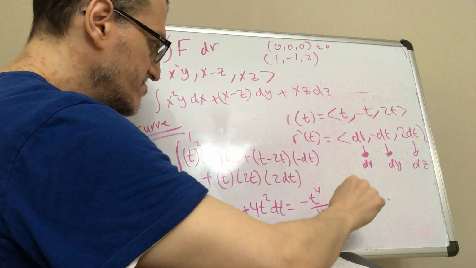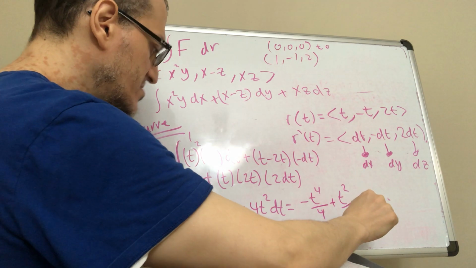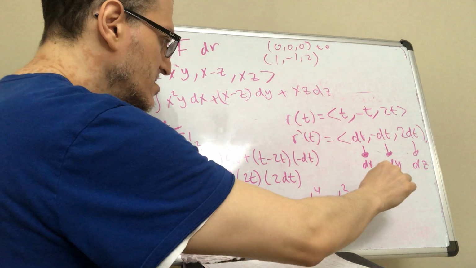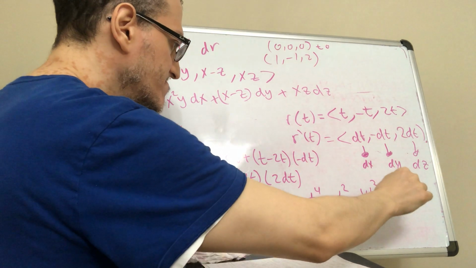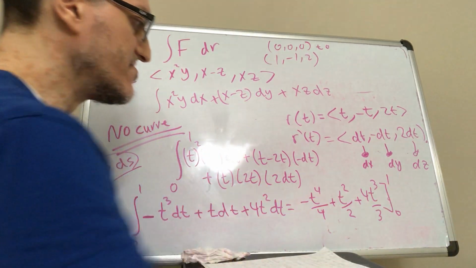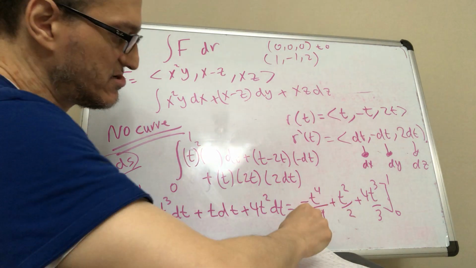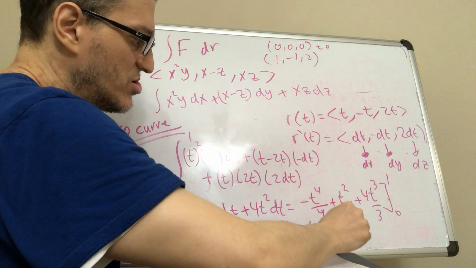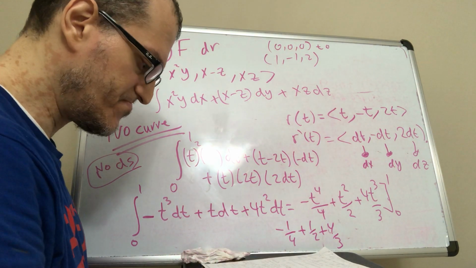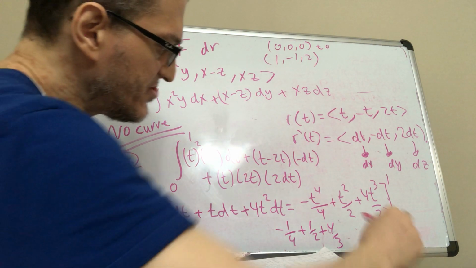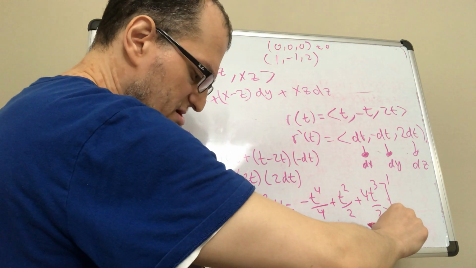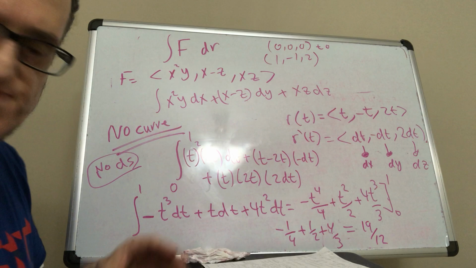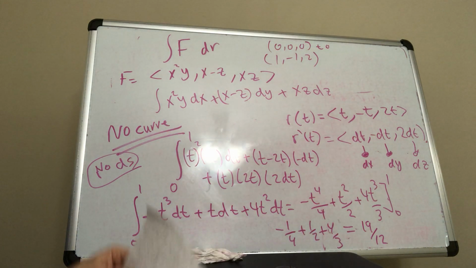For this one, t squared over 2. This one is t cubed over 3, and you put 0 to 1. So it would be minus 1/4 plus 1/2 plus 4 over 3 minus 0. If you combine them all, or you do this in the calculator, this is 19 over 12. That would be the answer for this one.